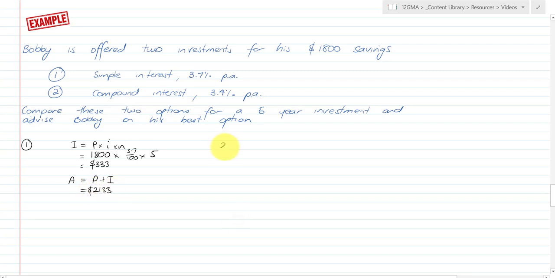And option 2, compounding, the amount he'll get when he's compounding will be A equals P times (1 plus I) to the power of n. Now P, in this case, is our principal, which is 1,800. And 1 plus I in this case is 1 plus 3.4 over 100, to the power of 5.